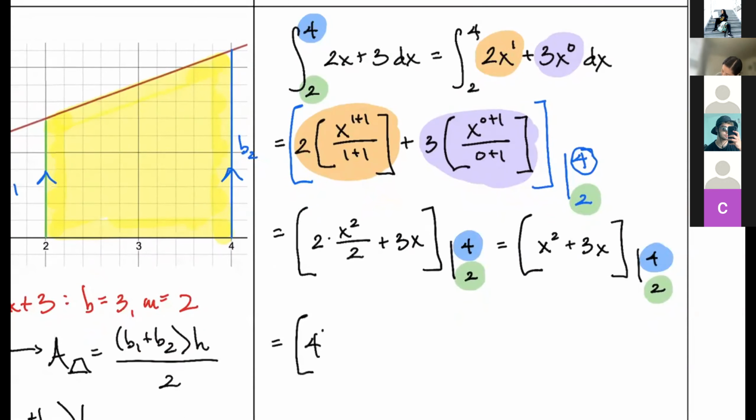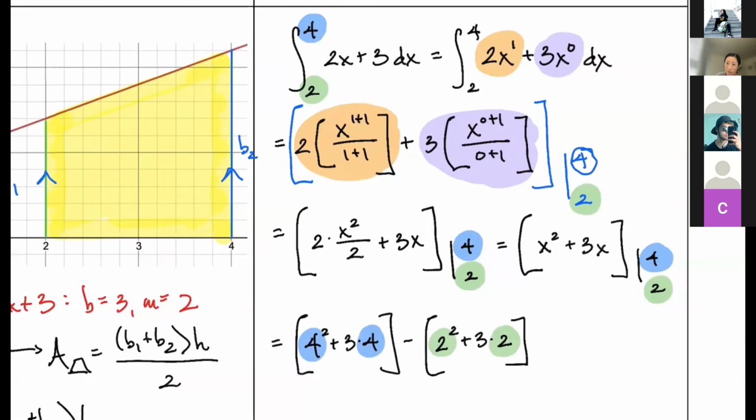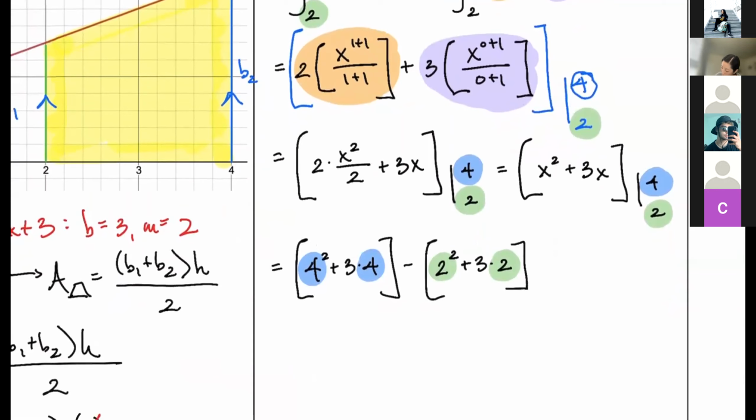So 4 squared plus 3 times 4 minus 2 squared plus 3 times 2, 4 and 4, 2 and 2, just to keep track of where those numbers came from. All right. And then we're just going to crunch some numbers. 16 plus 12 minus 4 minus 6.